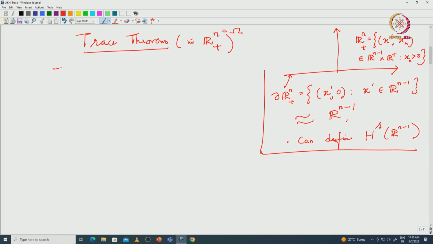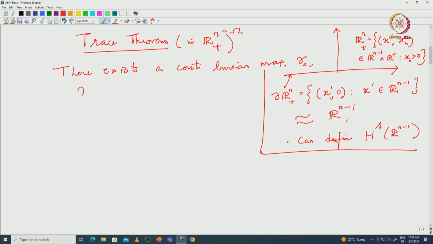The theorem is that there exists a continuous linear map, which we denote by gamma naught.